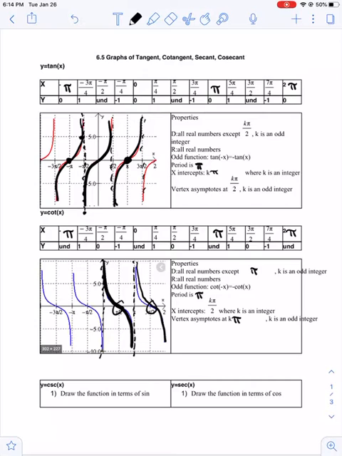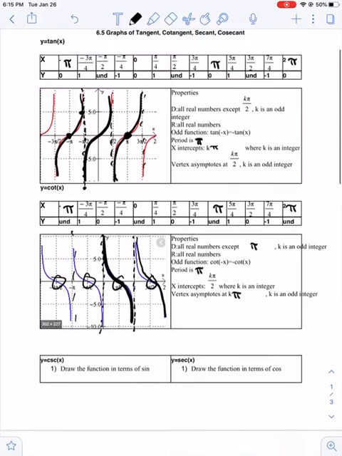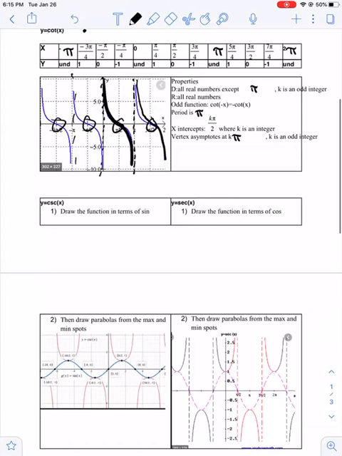The x-intercept, so there's one at pi over 2, 3 pi over 2, negative pi over 2, and negative 3 pi over 2. So that means every pi over 2 in distance, there is an x-intercept. And then the vertical asymptote, that happens at pi. There's one at 0. There's one at negative pi. So every pi distance, there is a vertical asymptote. So that's just what all the stuff on the right means.